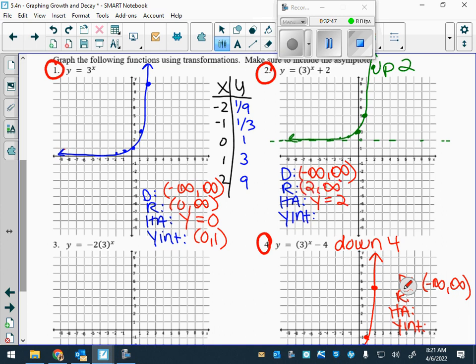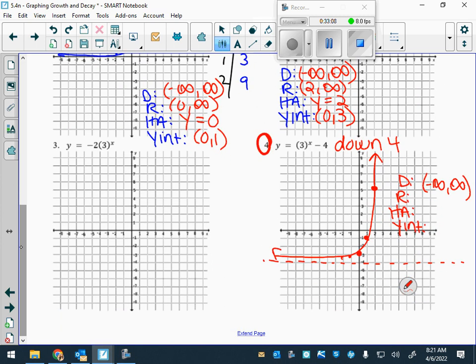Therefore, our range would be 2 to infinity since we moved up. What is our y-intercept, Nick? 0, 3. Excellent. We took our original, okay, and just added 2 to it. All right? How many of you did get 1 and 2 correct? Good.